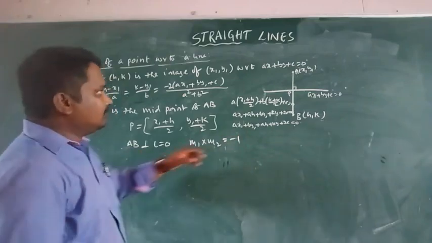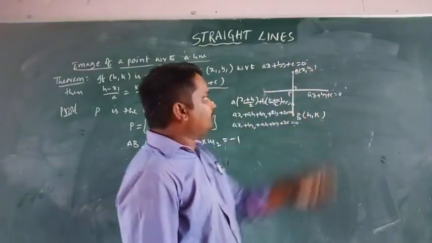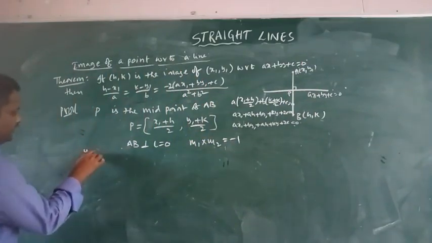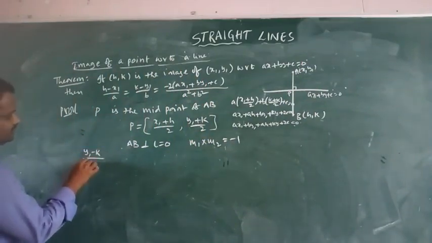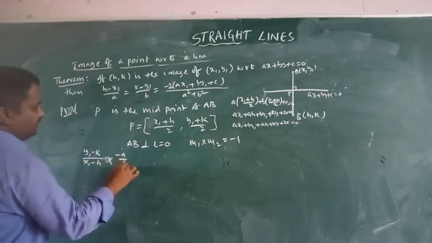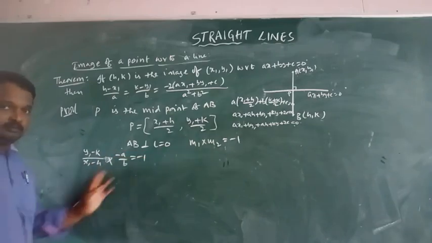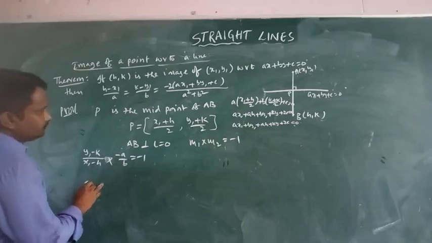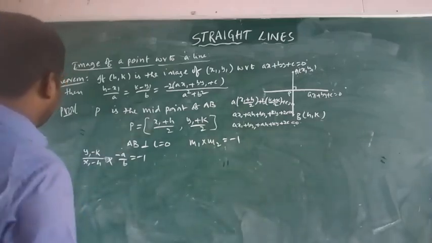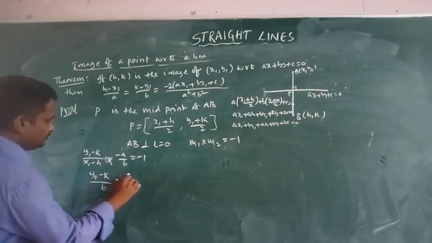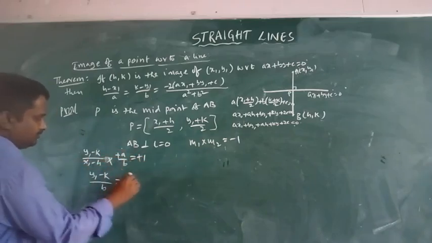So the AB line by the two-point slope formula, (y1 minus k)/(x1 minus h) into (minus a)/b equals -1. From this we know (y1 minus k)/b equals minus, cancel.